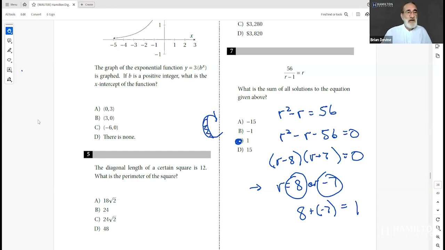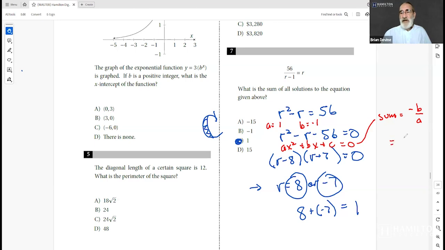What I could have realized is that as soon as I got it into ax squared plus bx plus c equals 0 form, then the sum of the roots is going to be negative b over a. Well, b equals -1 and a equals 1 here.